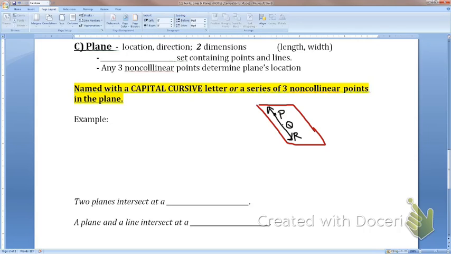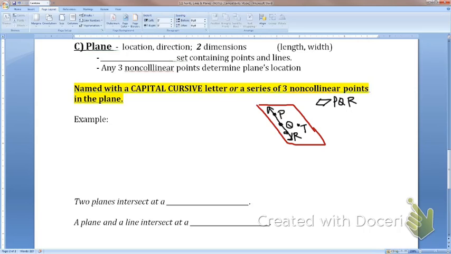Sorry, my points are not very obvious. And then I'm going to put point T over here. So if we were to label this plane, talk about this plane, we could say that this would be plane PQR.